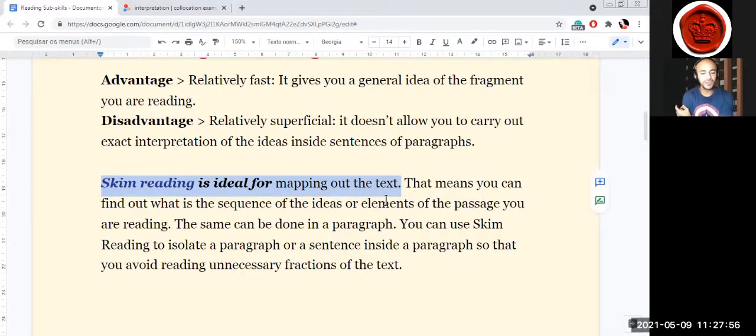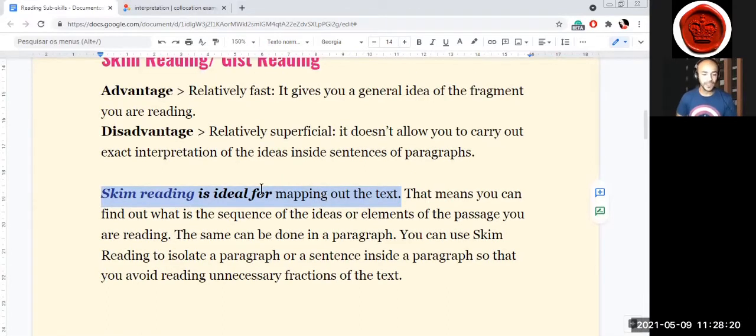The same can be done in a paragraph, and that's really useful as well because you can quickly manage paragraphs. You can use skim reading to isolate a paragraph or a sentence inside a paragraph. Yes, you can isolate a paragraph inside the text, and you can also isolate a sentence or a couple of sentences inside a paragraph, so that you avoid reading unnecessary fractions of the text.